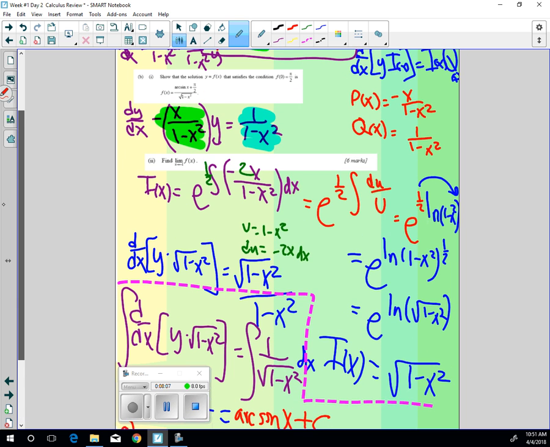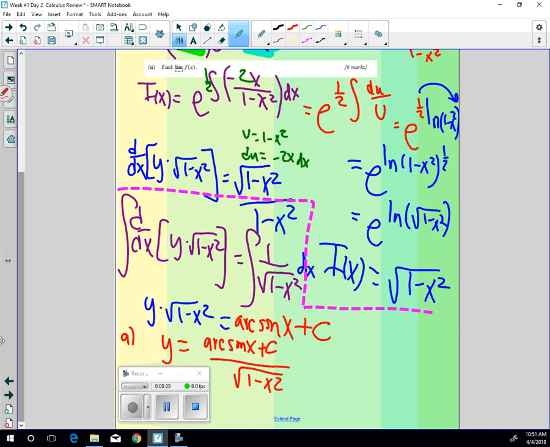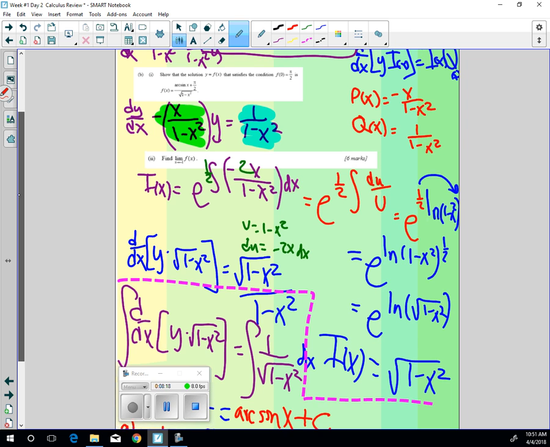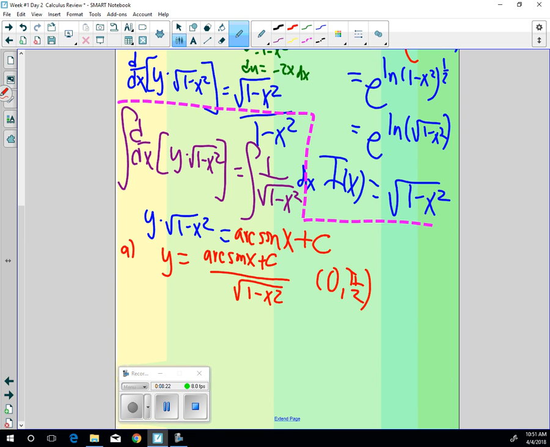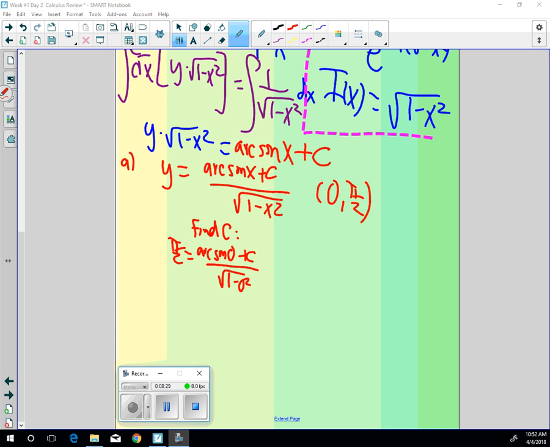And then it says, for the point (0, pi over 2), can you find the c and prove that apparently c is going to be pi over 2 because we've got everything else. So all we have to do is find c. When I plug in pi over 2 for y and 0 for x, I get pi over 2 is equal to 0 plus c over the square root of 1.